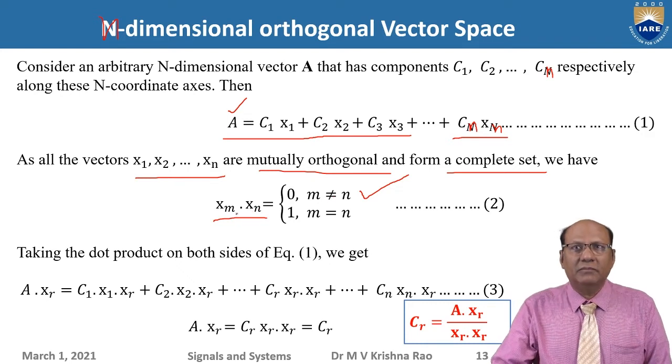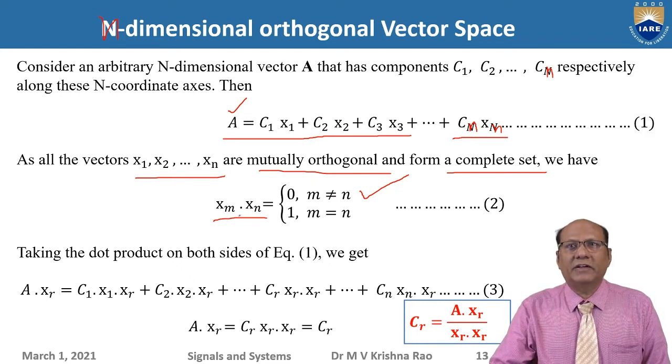And if I take the same axis, m equal to n, it is the length of the vector in that direction. It is nothing but a unit vector, so I get 1 here. So this is equation 1 and equation 2 is here.